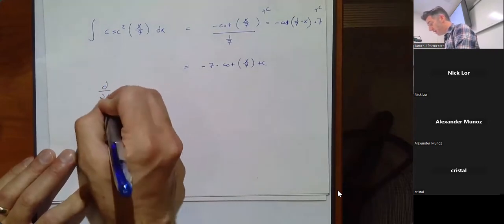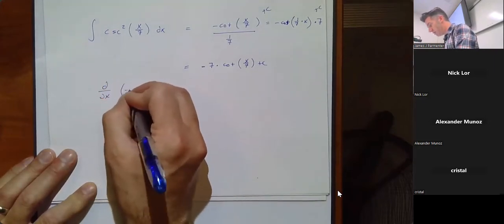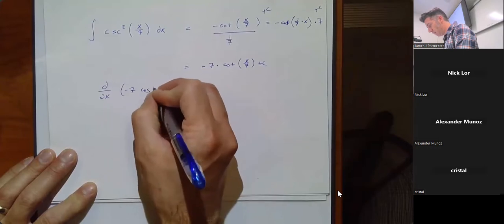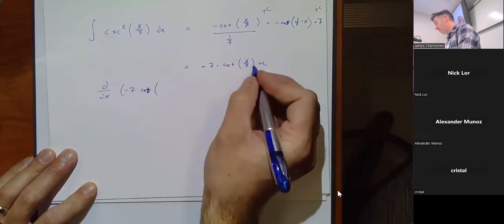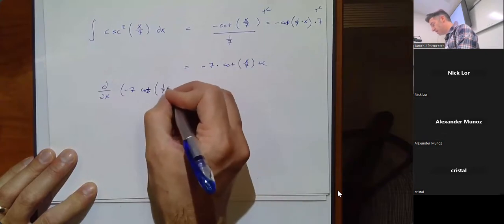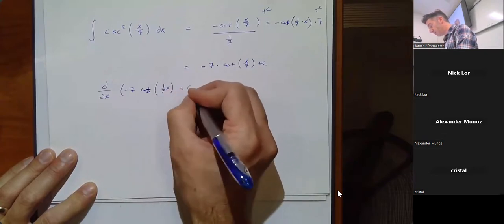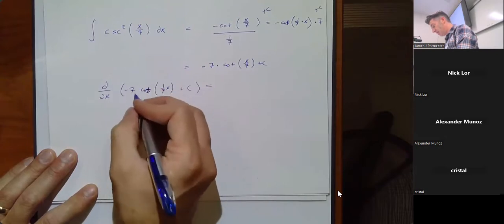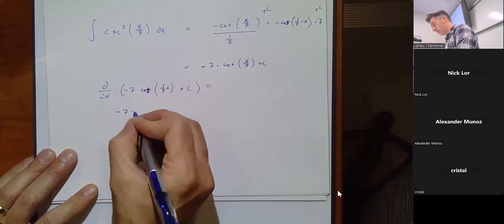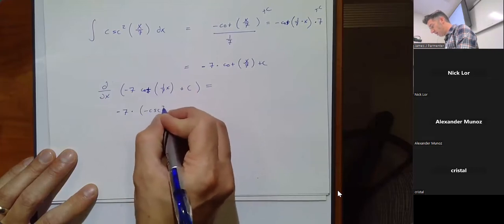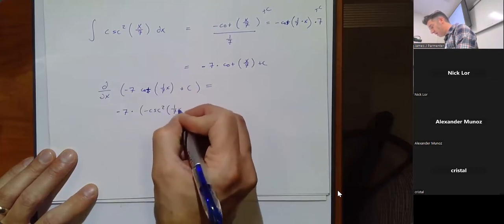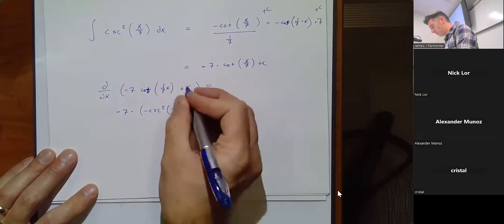The derivative of -7 times cotangent of, I am going to write this as 1/7 times x to make it easier to think about taking the derivative. The -7 multiple hangs out in front. The derivative of cotangent of some stuff is negative cosecant squared of that stuff. And then we use the chain rule and multiply by the derivative of that stuff.